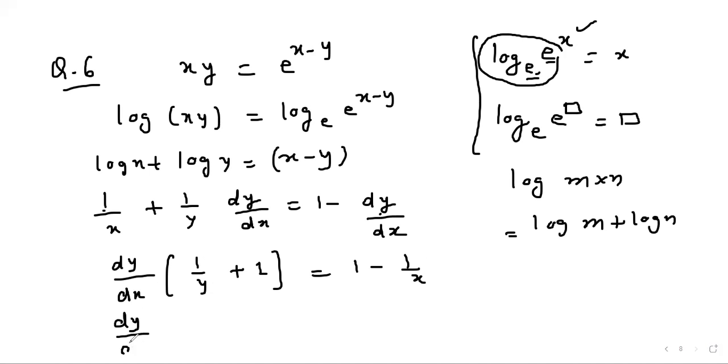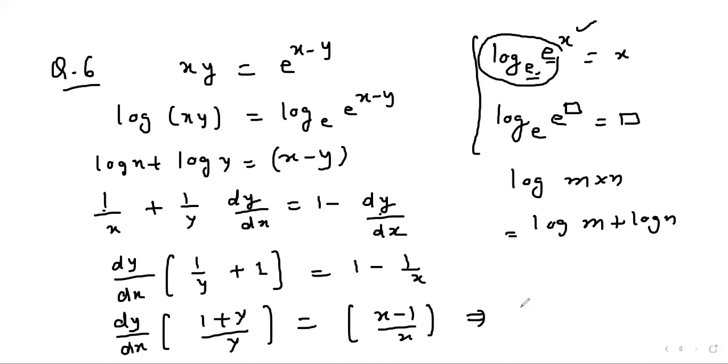So dy by dx times 1 plus y upon y equal to x minus 1 upon x, from where we get dy by dx equal to x minus 1 upon x times y upon 1 plus y, which is our answer.